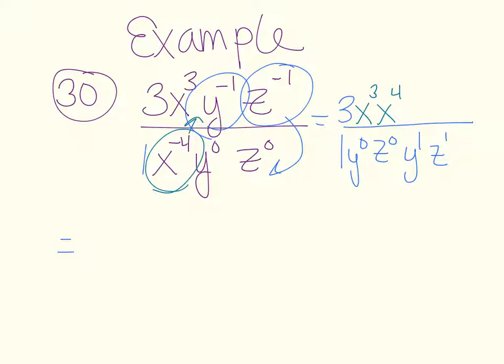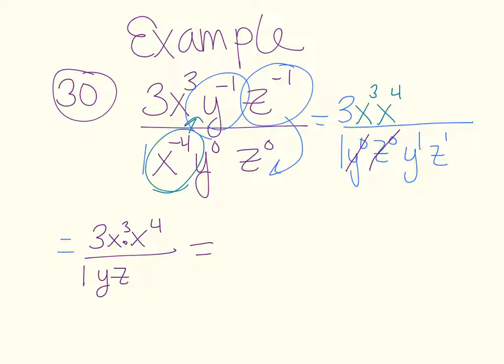My next step: anything to the 0th power is just 1, so those two are canceling each other out. My fraction is now 3x cubed, x to the 4th, over 1 y z, and there's a times in between if you need that. I don't need to write the first power because if there's nothing there, I assume it's a 1.